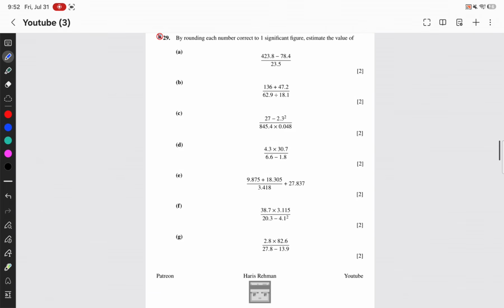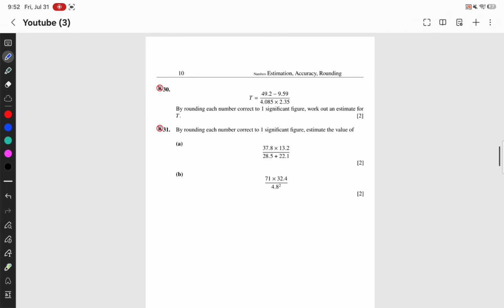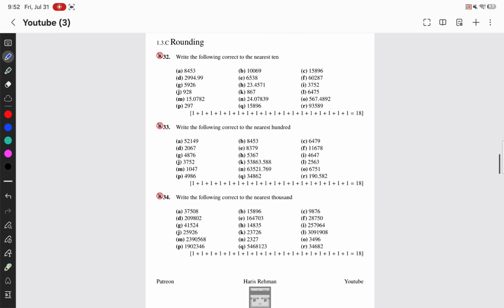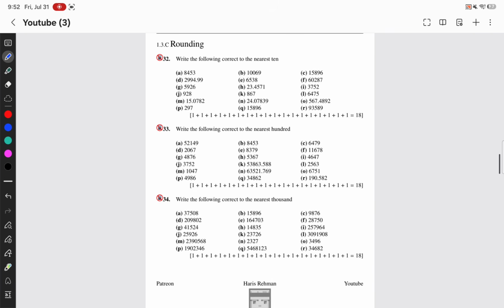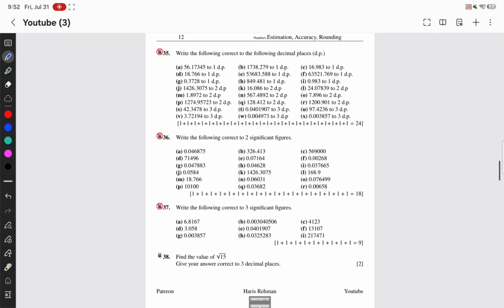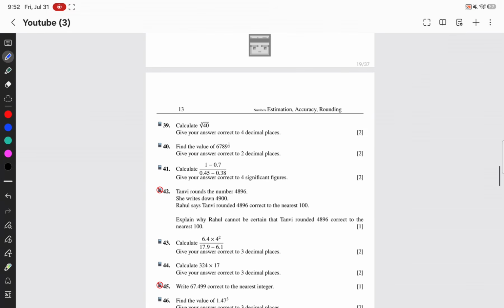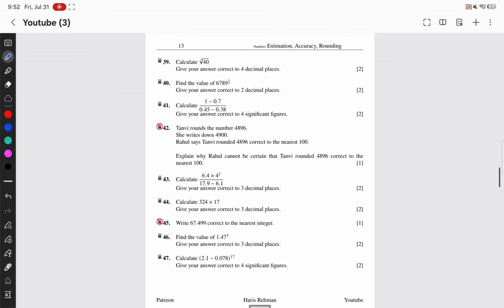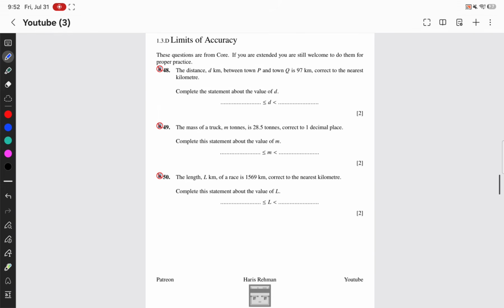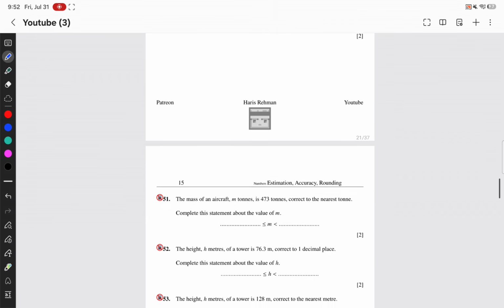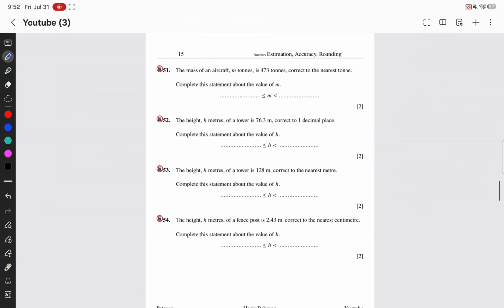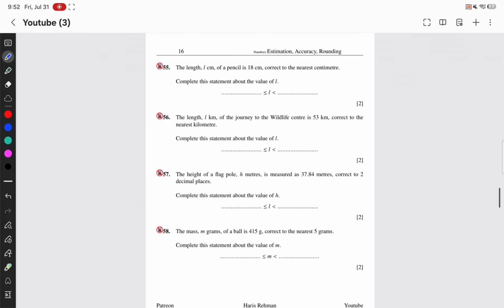We will see. I will also explain why some questions I have marked non-calculator and some calculator, because this chapter is a bit controversial in terms of calculator and non-calculator papers. That's why I have some inconsistency.